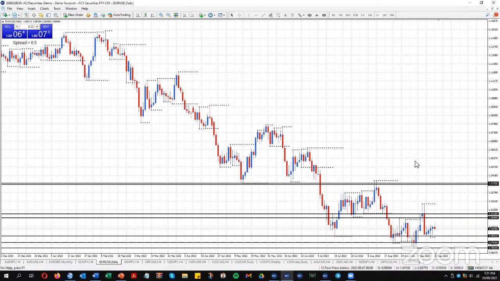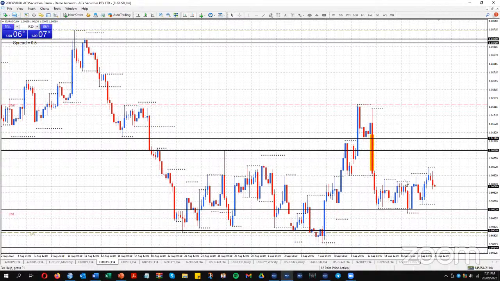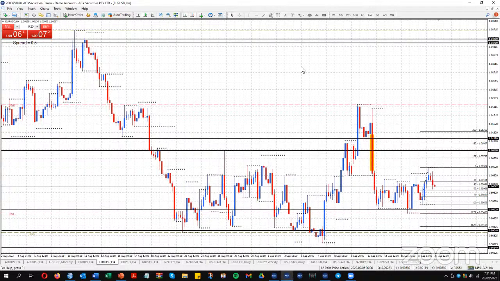All right. Now on the 4 hour, we have this imbalance where we have this drop and we haven't pulled back and filled it. So higher bottom forming on the daily, 4 hour structure is showing to be up. And I'm expecting that imbalance will get filled. So price will potentially come up and fill the area.